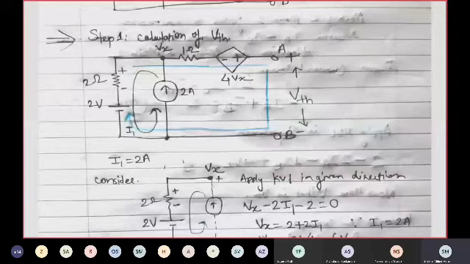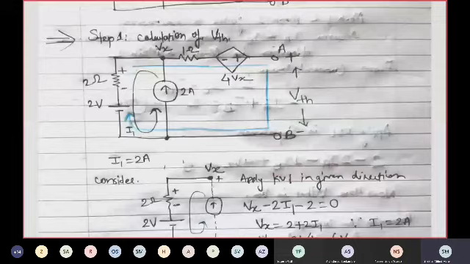Now there is a dependent source also there for Vx, and Vx is the voltage across this 2 ampere source, and you can also say this Vx is the voltage addition of the 2 volt and 2 ohm.